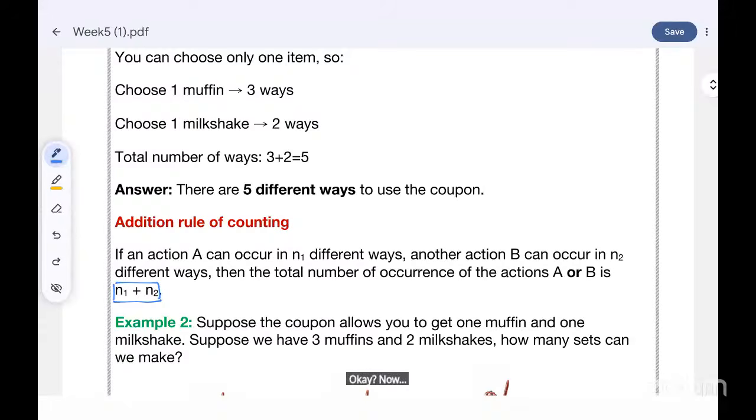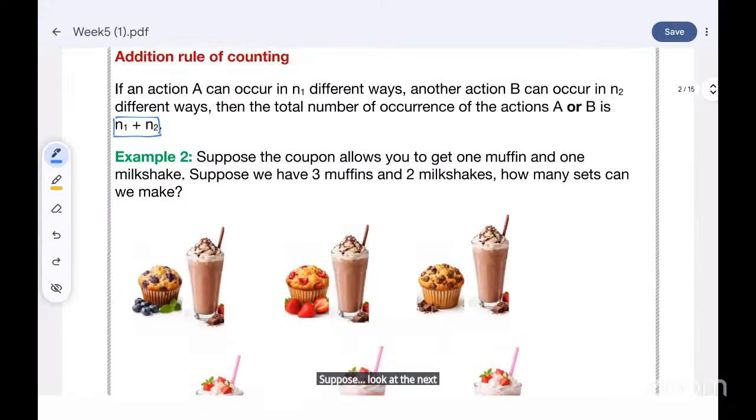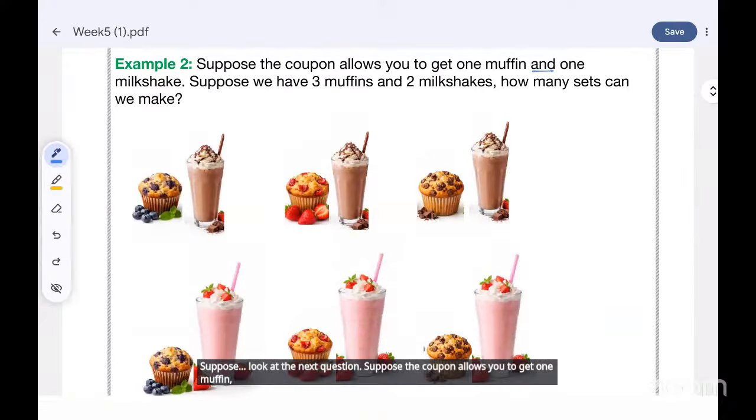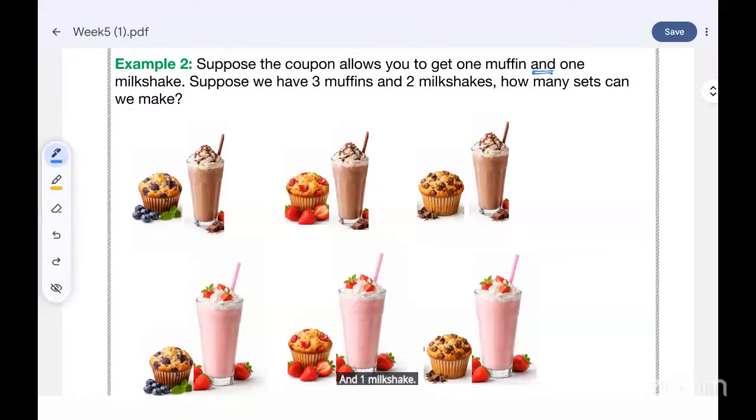Now, look at the next question. Suppose the coupon allows you to get one muffin and one milkshake. Suppose we have 3 muffins and 2 milkshakes. How many sets can we make? 6. Yes. Right? So with the blueberry muffin, you have the combination of either a chocolate milkshake or a strawberry milkshake.